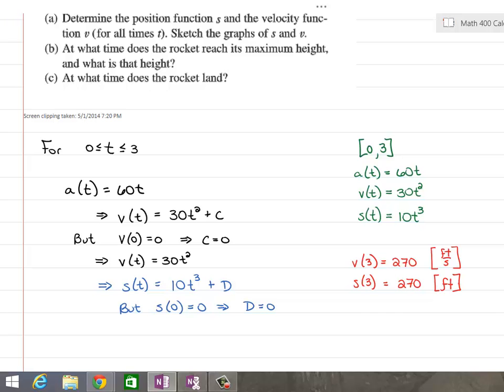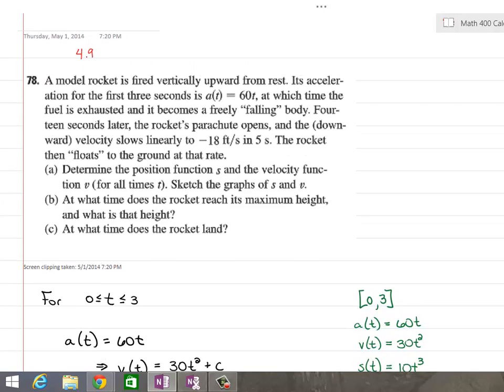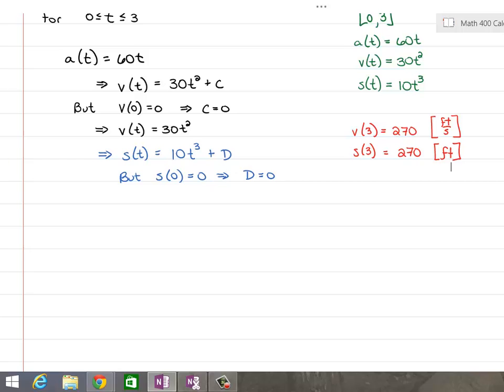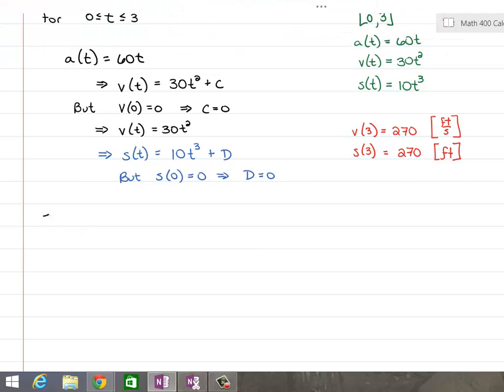All right, now I'm going to go back to the word problem here, see what else I have as far as information. Let's see, so first 3 seconds, at which time the fuel is exhausted and becomes a freely falling body. And I debated in class whether or not to make the assumption, but I'm actually going to go ahead with the assumption here because I couldn't figure out how to do it otherwise.